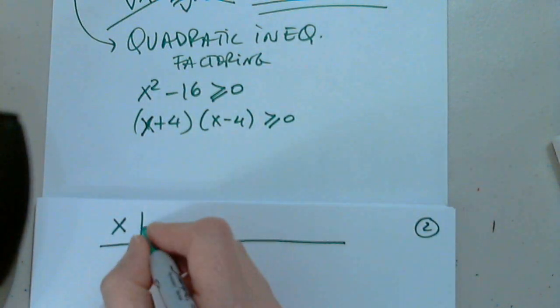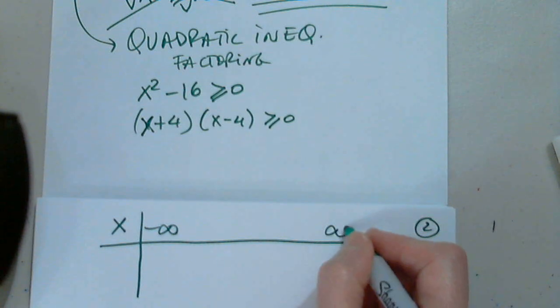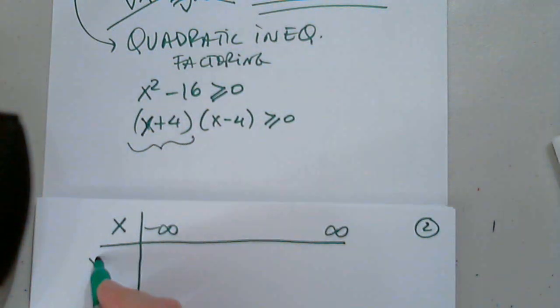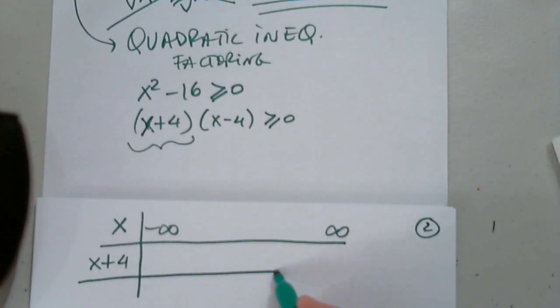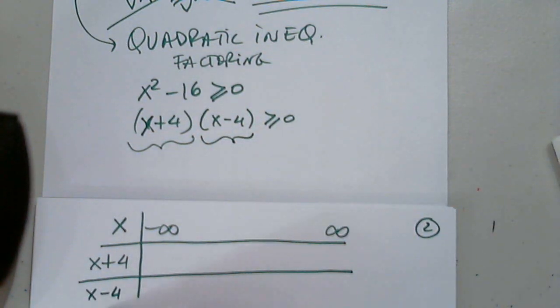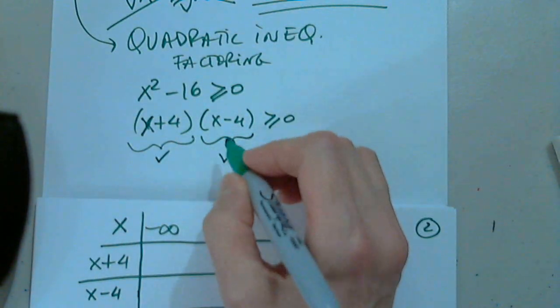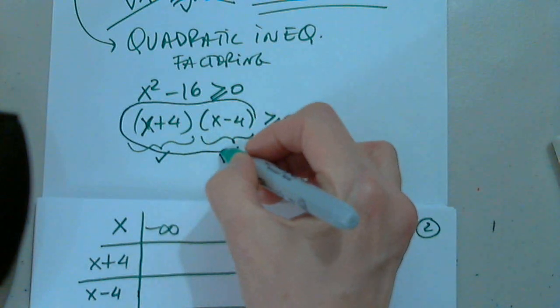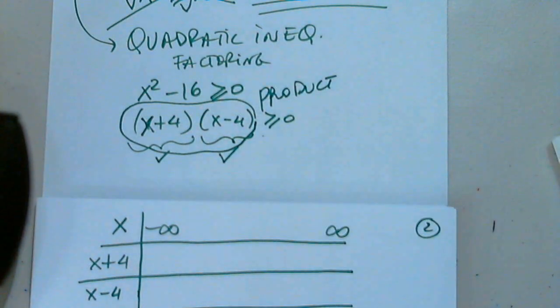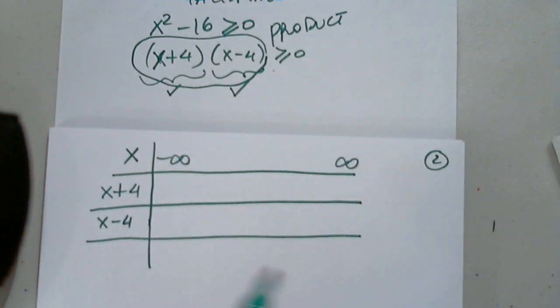And the variable in the problem can be anything. The first factor is x plus 4. The second factor is x minus 4. I don't care about this. I don't care about this. I care about this. I care about the product. Okay, so then my last row would be the product.